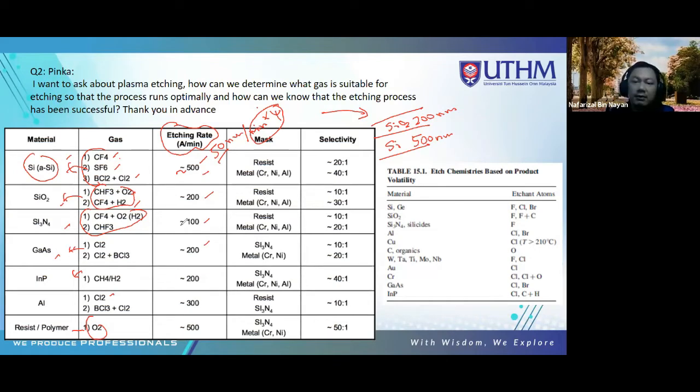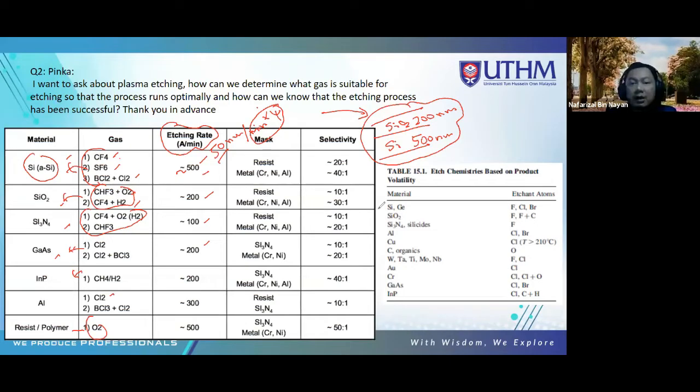When we develop our own plasma system, our own plasma machine, we have to do the optimization. For example, I do the etching for 10 minutes, and after 10 minutes I see how much silicon dioxide is removed. And then I do the same experiment again for 20 minutes.